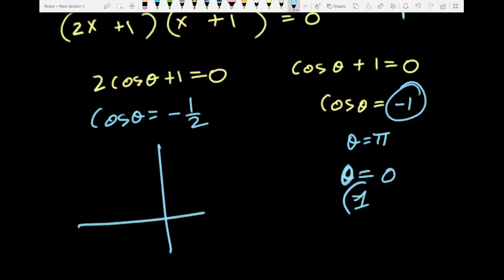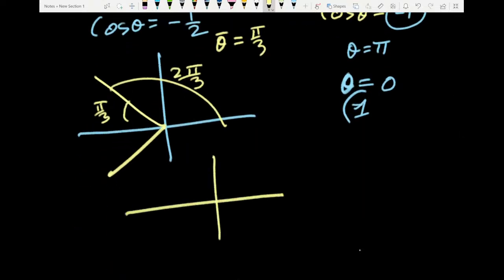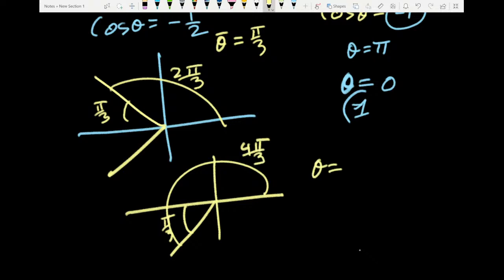Cosine is negative in these two quadrants. So the reference angle would be pi over 3. So this angle is going to be 2 pi over 3. If this is pi over 3, the whole angle is going to be 4 pi over 3. So my answers are 2 pi over 3 and 4 pi over 3.